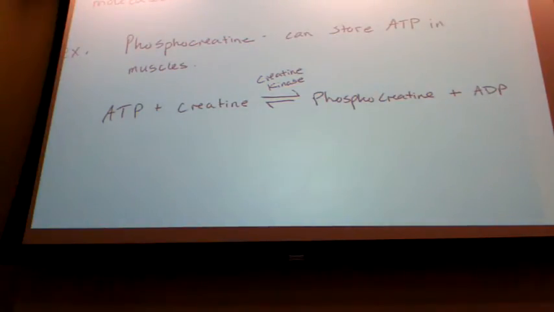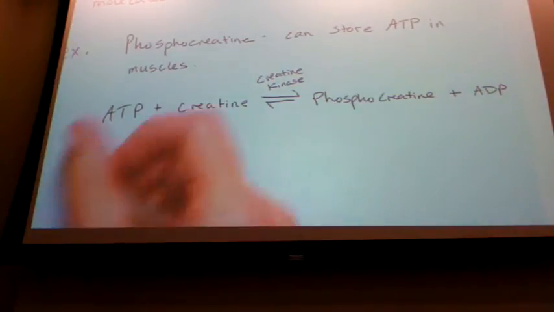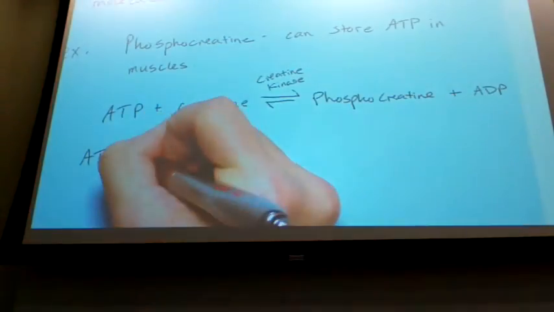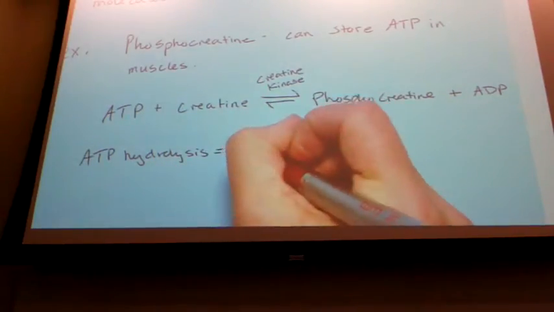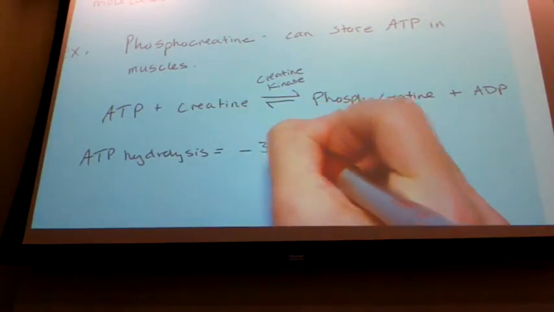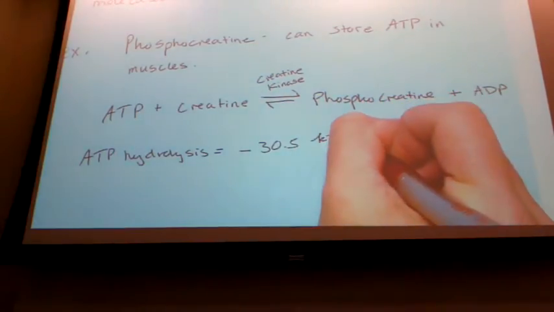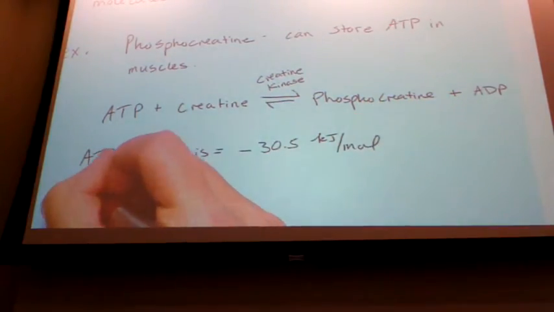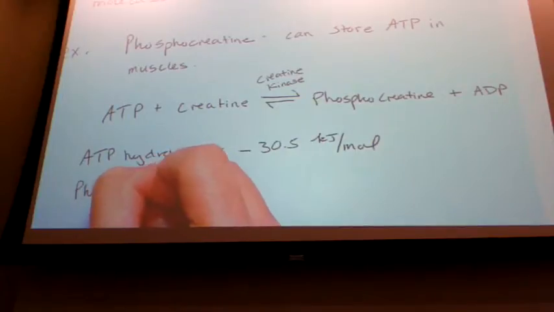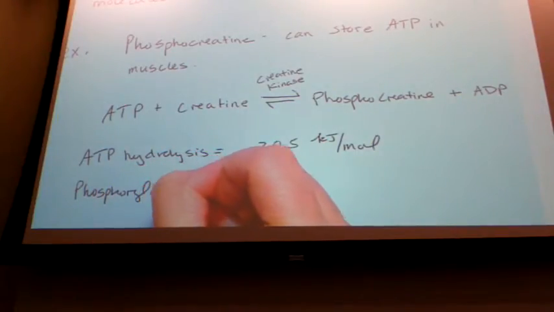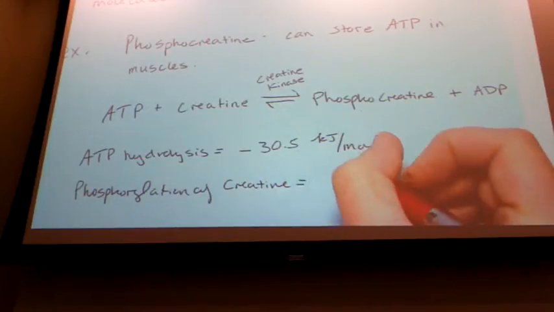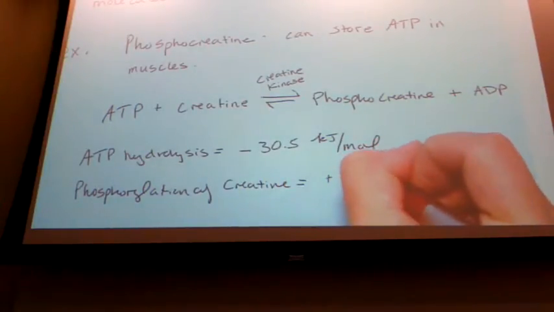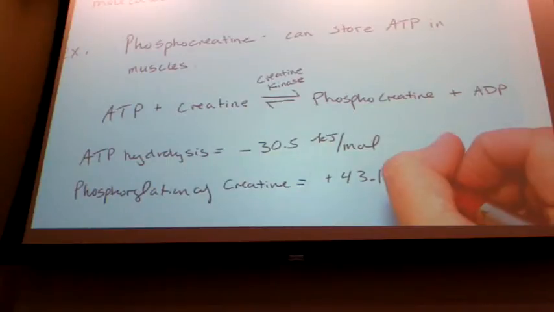So let me look at my chart here. The ATP hydrolysis is equal to a negative 30.5 kilojoules per mole. And phosphorylation of the creatine is a positive 43.1 kilojoules per mole.